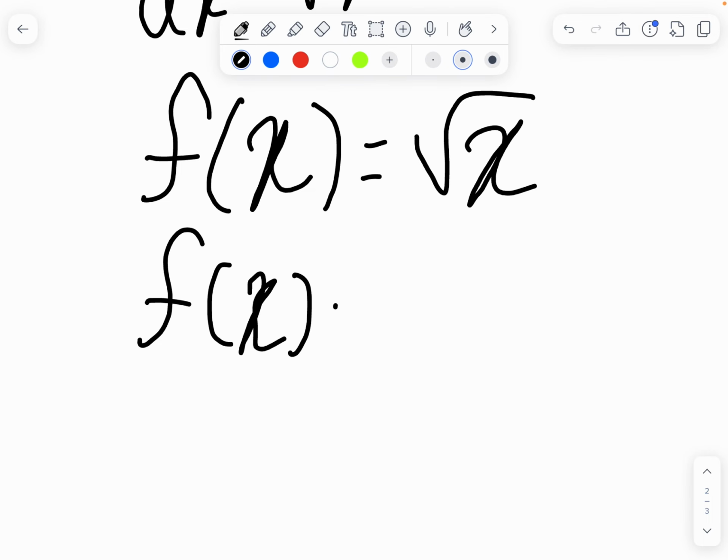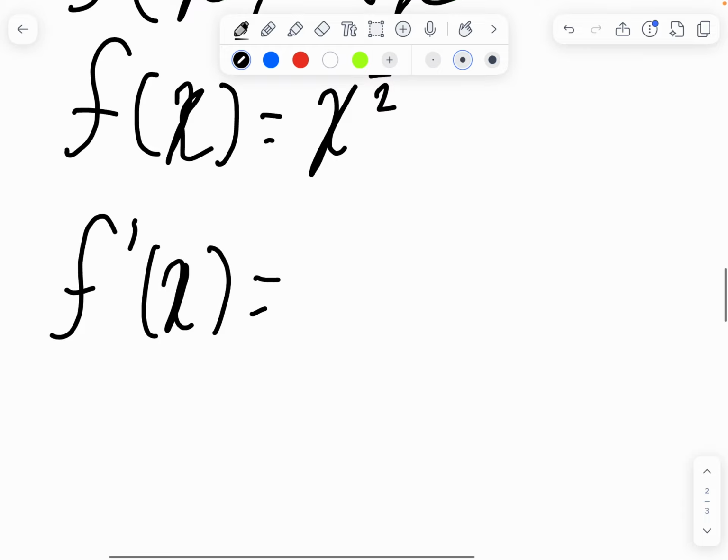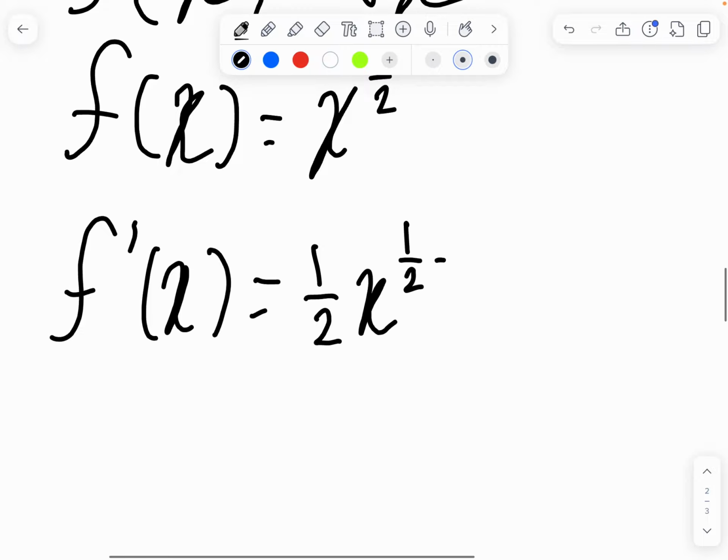When you apply a derivative rule, only in that sense do you start using the notation. So now that I'm applying a derivative rule, I put the tick mark. So this is 1/2 by the power rule. This becomes 1/2 times x to the power of 1/2 minus 1.